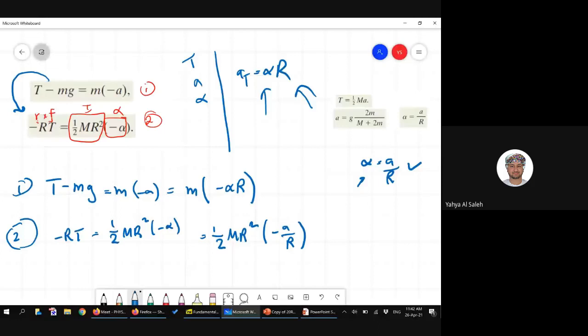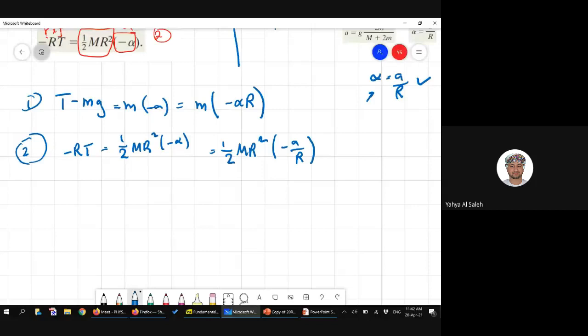Now 1 r here and 1 r here can go away. So I end up with minus RT equals half mr this way. I have 1 r here, 1 r here, that can also go away. I have two minuses that can go away. And I end up with T equals half ma.